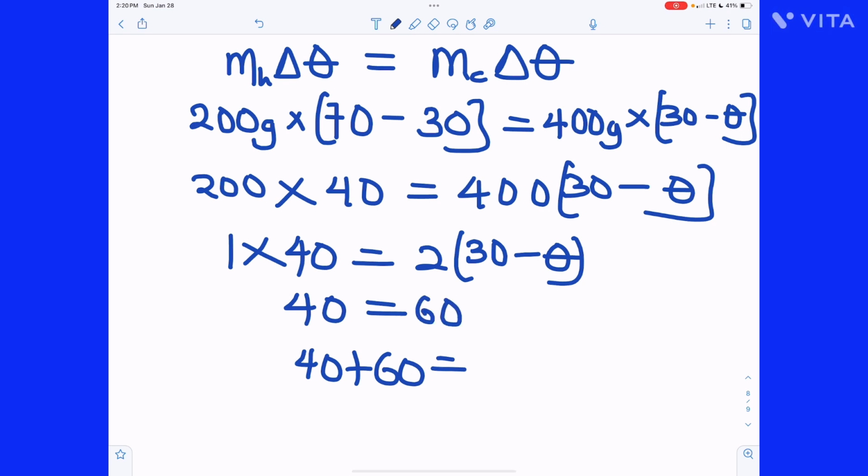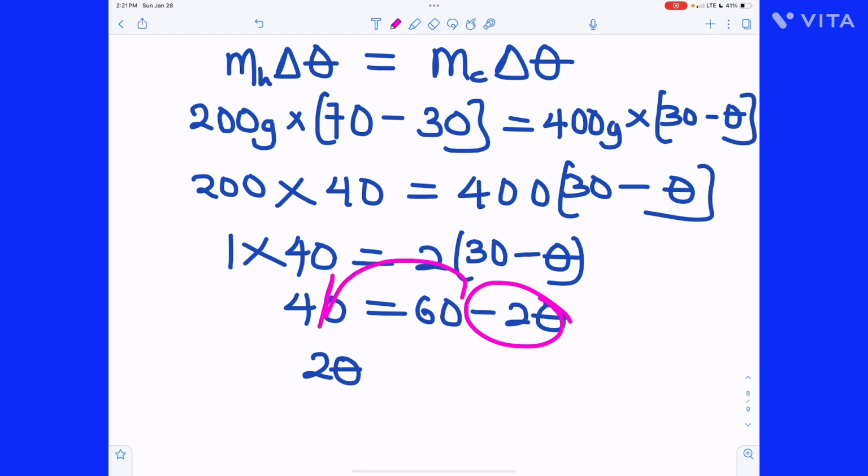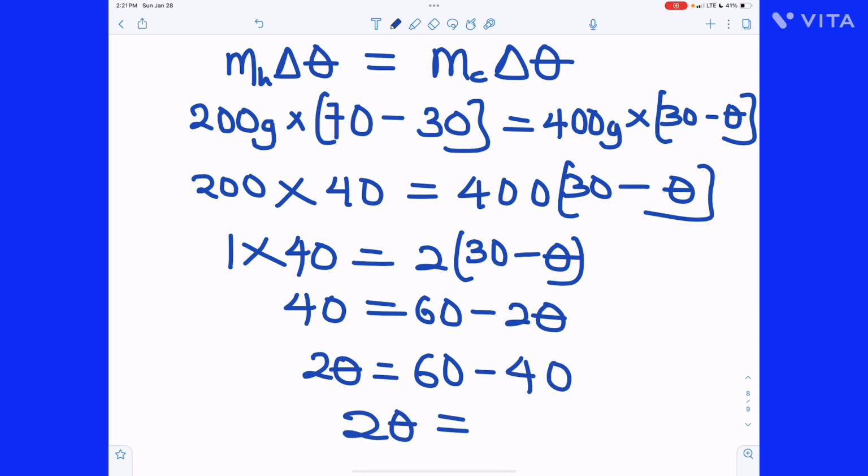So this is 60 minus 2 theta. Exactly. So more correctly, if you bring 2 theta to the left, it will become positive 2 theta. Then you take 40 to the right, it will become 60. 60 minus 40, so 2 theta is 20.